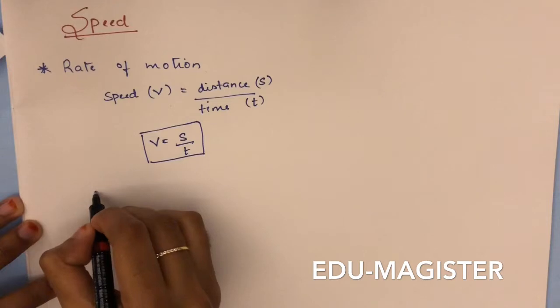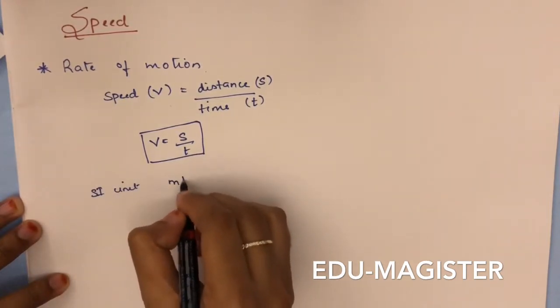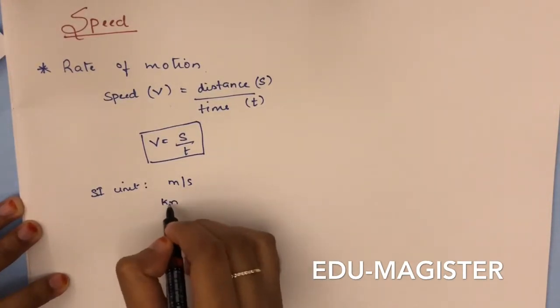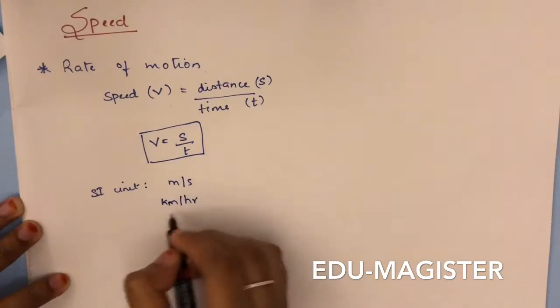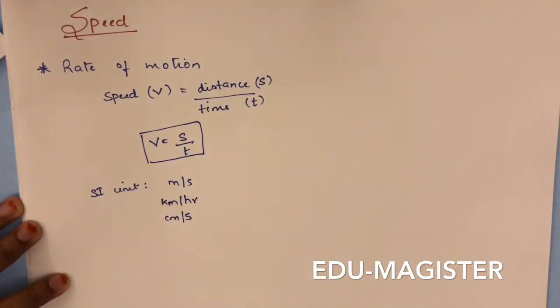The SI unit for speed is meter per second, but we may also use kilometer per hour or centimeter per second to denote speed.